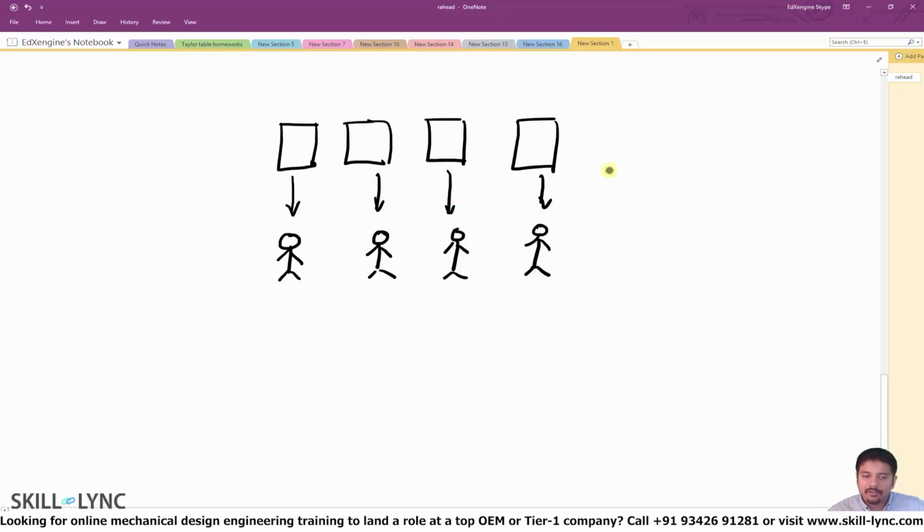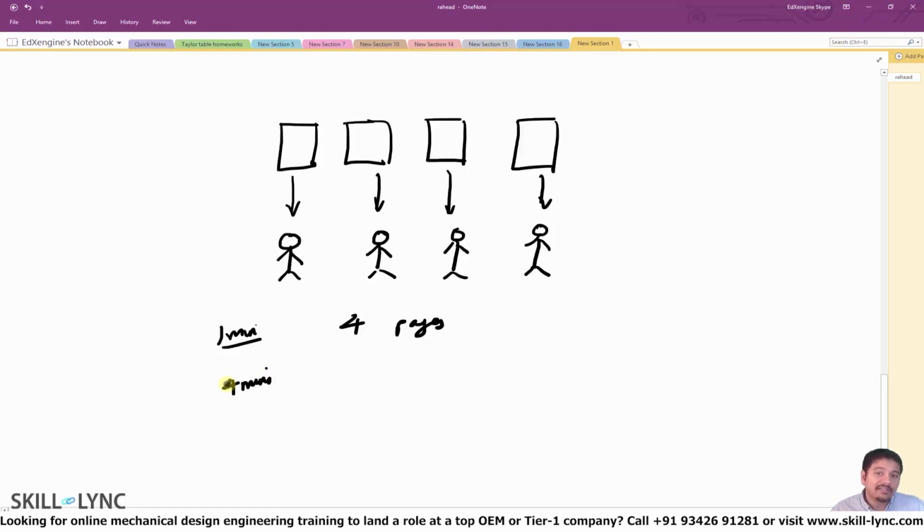If each of them is going to take 1 minute to read a paper, in just 1 minute, I will be able to read 4 pages, because all the 4 people can do it together without talking to each other. They can do it in parallel. Now, if there is just one guy reading all the papers, it's going to take 4 minutes, because he has to do it sequentially. This is what is called sequential computing.